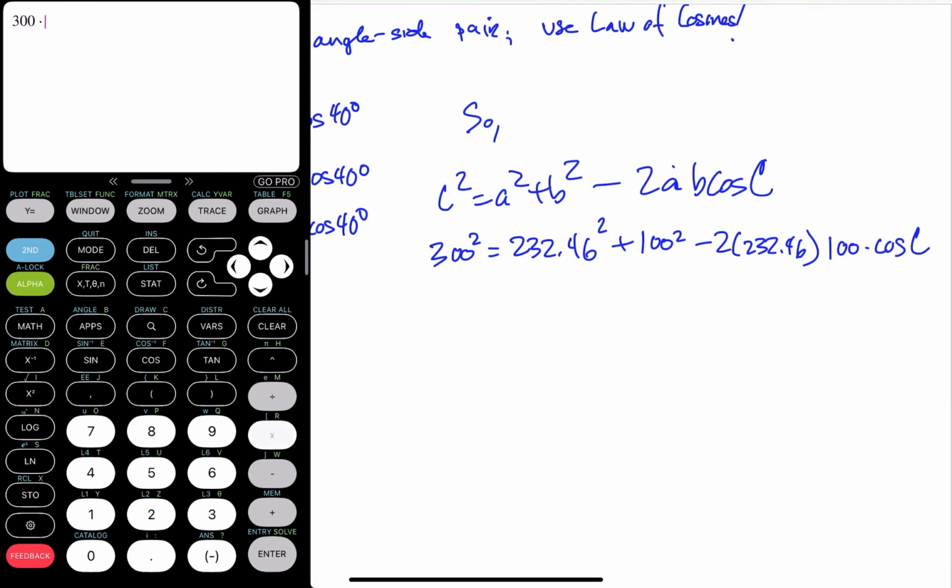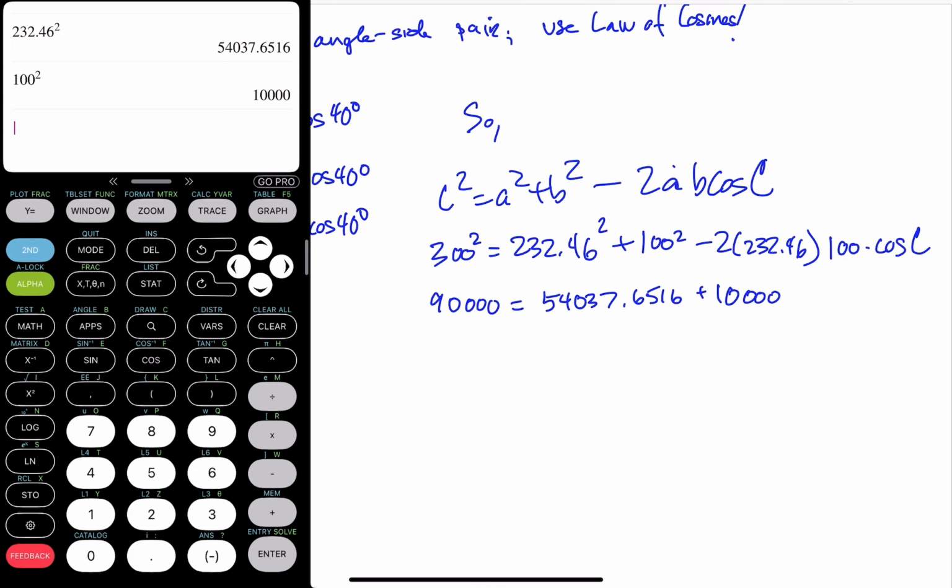That's 300 times 300, which is going to be 9 with 4 zeros. 232.46 squared is going to be 54,037.6516 plus 100 squared, which is going to be 1 with 4 zeros.